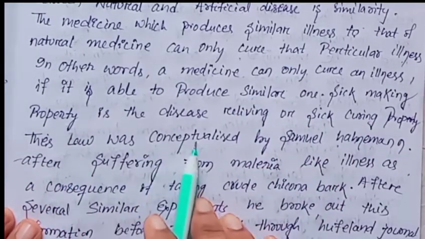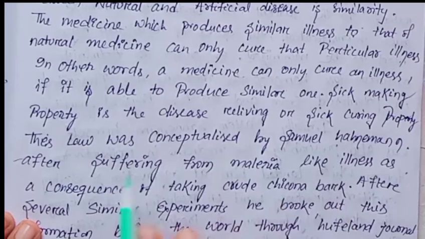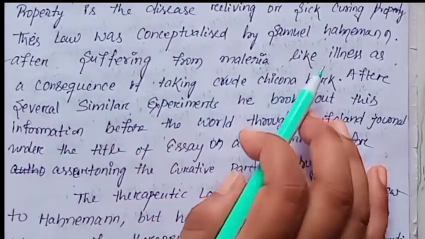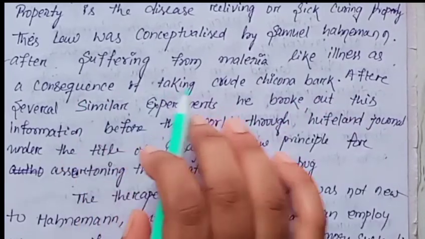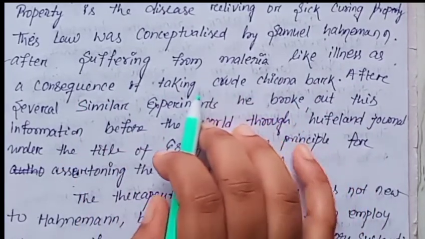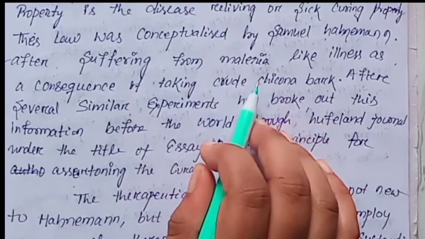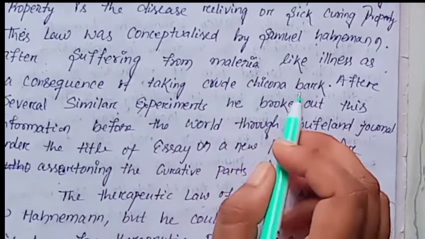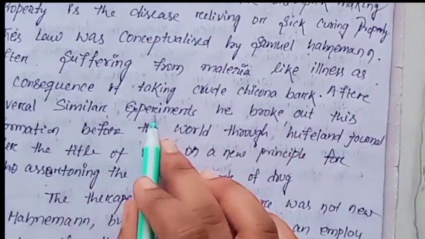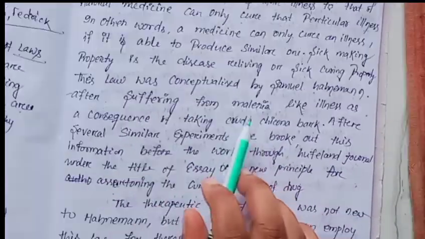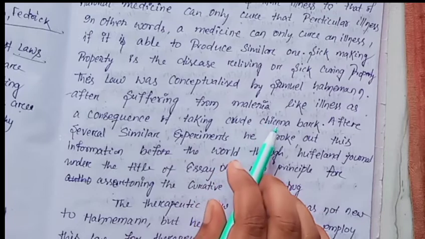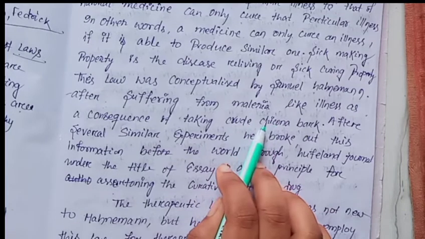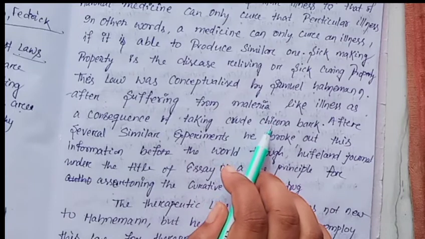The law was conceptualized by Samuel Hahnemann. How did he conceptualize it? After suffering from a malaria-like illness as a consequence of taking crude cinchona bark, meaning in raw form, several times, and after several similar experiments on his own body, his family members and followers, he observed the same consequence.